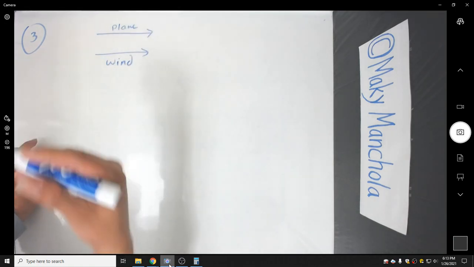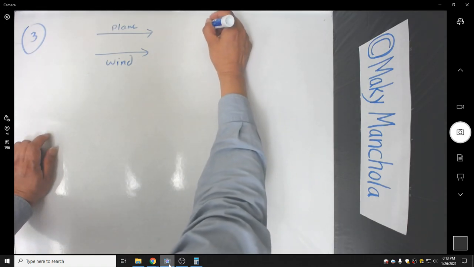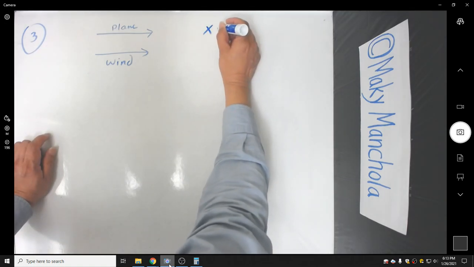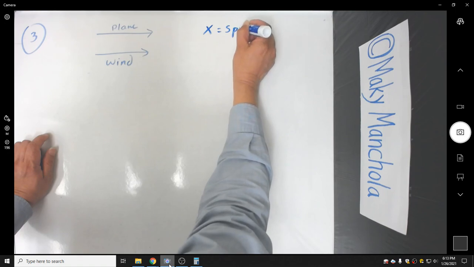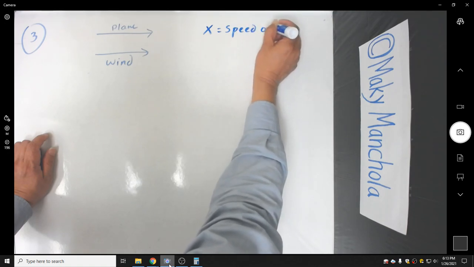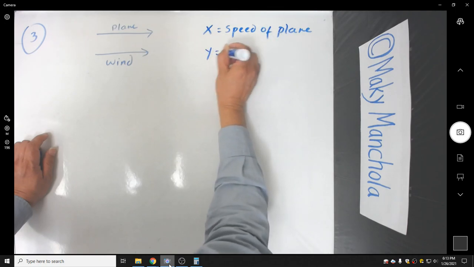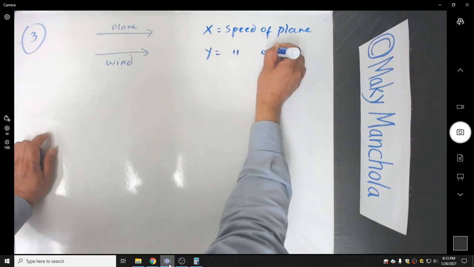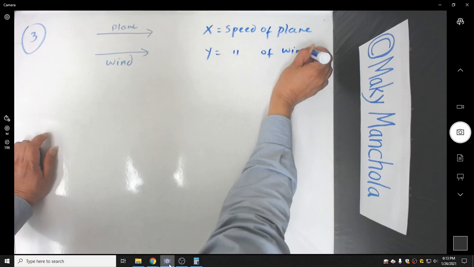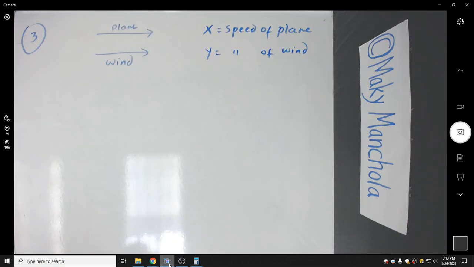So let's let x be the speed of the plane, let y be the speed of the wind. The question is asking us to find x and find y.